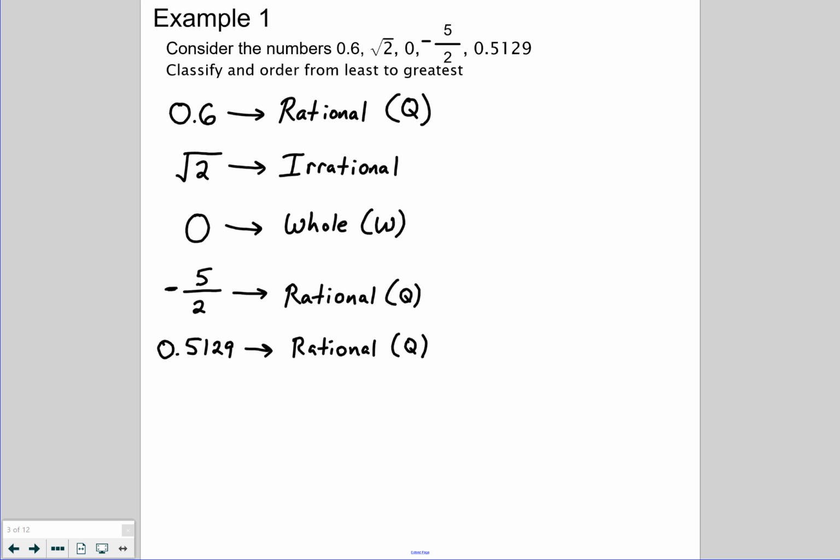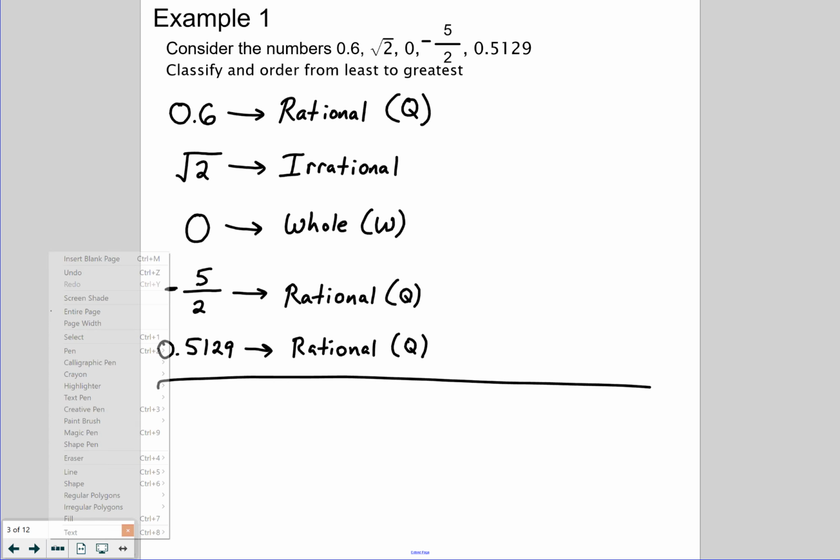Did I ever say it had to stop at the tenths? I just said it had to stop. So does it stop? Yes, it just stops at the 10,000ths place. So even though it stops later, it still stops. All right? So I'm sorry. That's my bad. Clarification, my fault. Sorry about that, listeners. Okay.